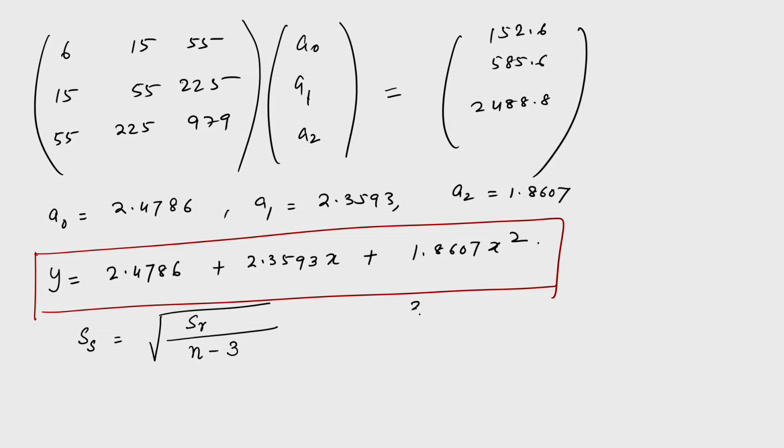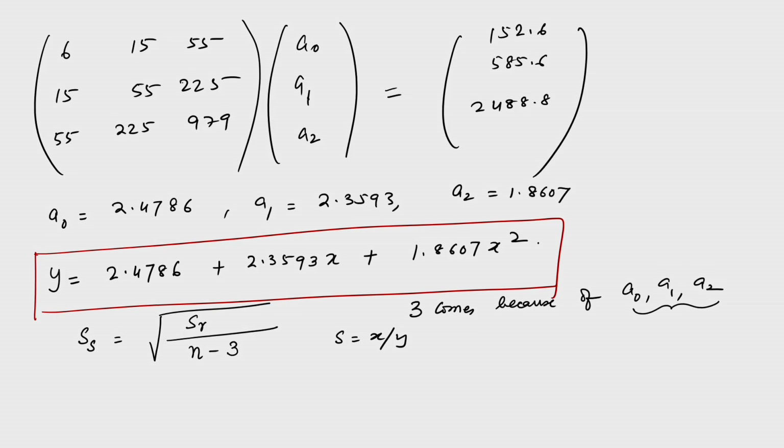Now, this 3 comes in the denominator because A0, A1 and A2, these are 3 in number. So, we actually lost 3 degrees of freedom, and that is why this is n minus 3. This S actually can be x or y depending on which variable is the dependent variable and the independent variable. It is rather the dependent variable. So, in this particular case S is equal to y.